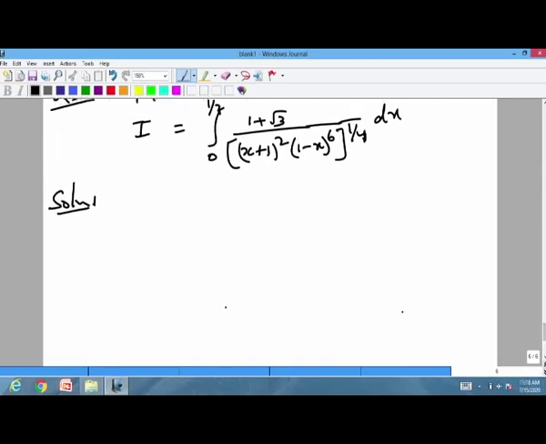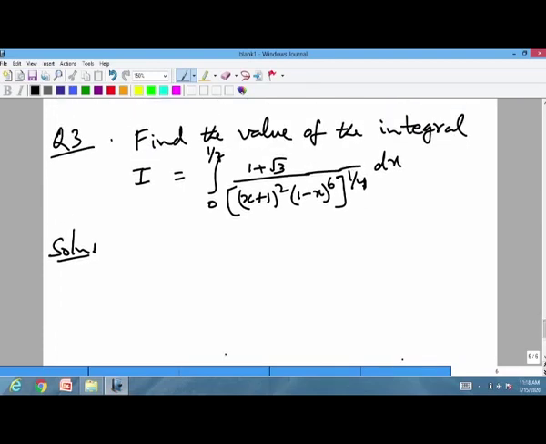Let us try to solve this problem. So, first we will do a little simplification and we will write I is equal to 1 plus root 3 times integral 0 to half dx over, we have (x plus 1) square and then power 1 by 4.